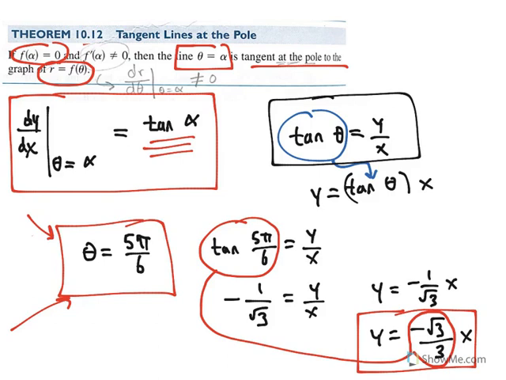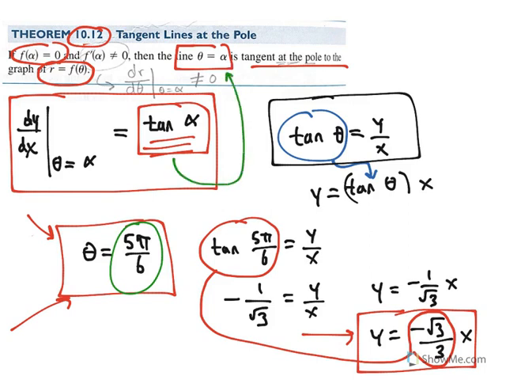So to simplify our results, we can just say, well, we know from the derivation of Theorem 10.12 that the slope of the tangent line will be tangent of alpha, and when you take that slope of the tangent line and write a rectangular equation and graph it, you get the same tangent line as if you were to graph the polar equation theta is equal to alpha, as demonstrated by our example with a particular value for alpha.